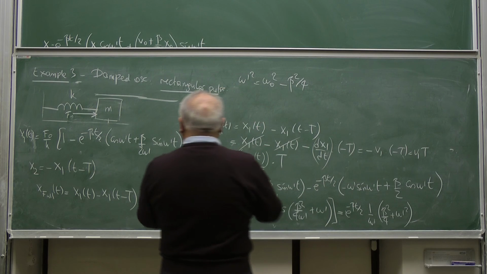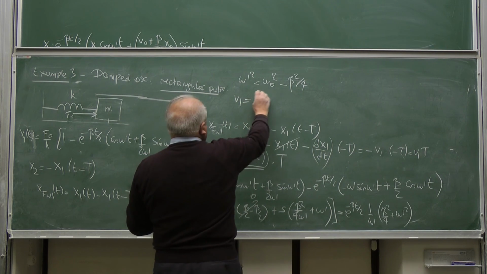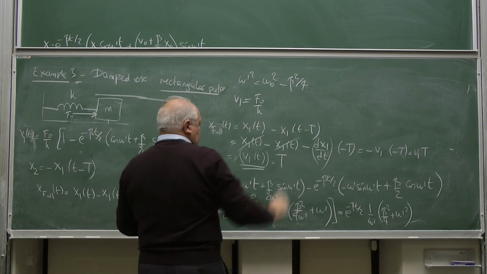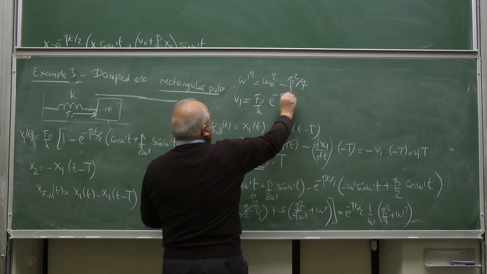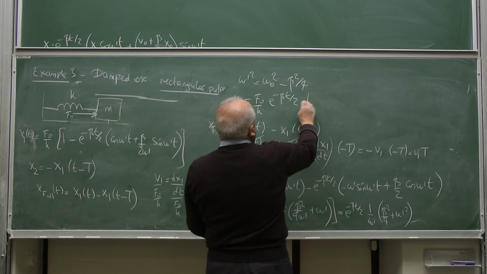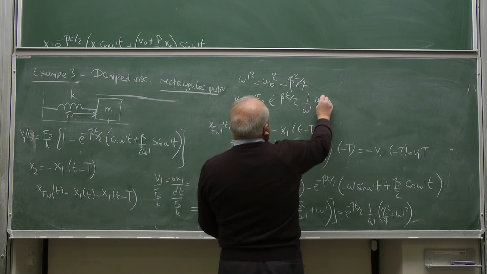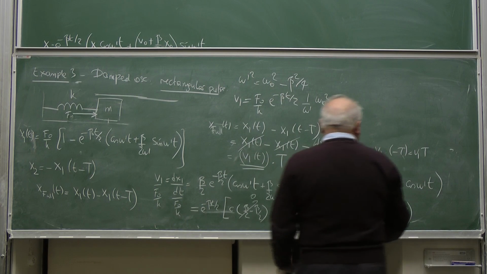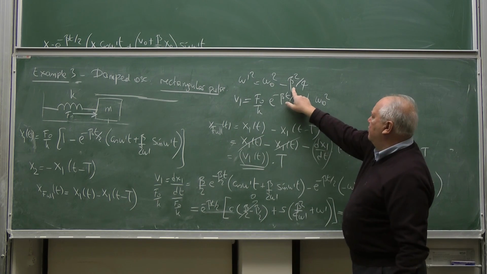So we have v1 equals f0 over k times e to the minus beta t over 2 times 1 over omega prime times beta squared over 4 plus omega 0 squared minus beta squared over 4.